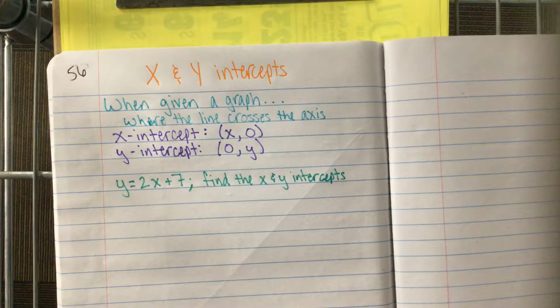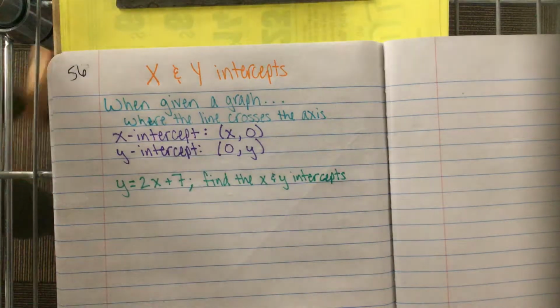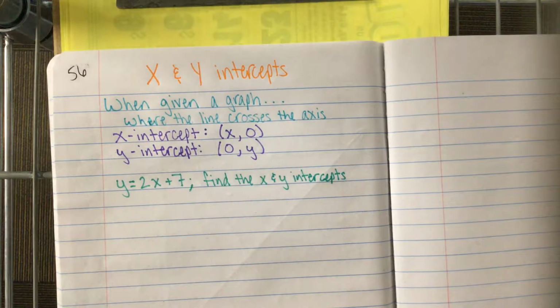Now think about it. How, without graphing it, because graphing is way too much work, could I find the x and y intercepts? So let's start out with saying, let's find the x-intercept. How would you find the x-intercept?